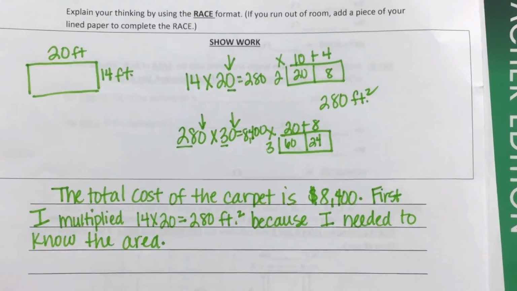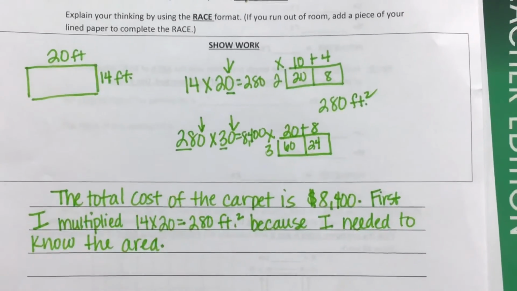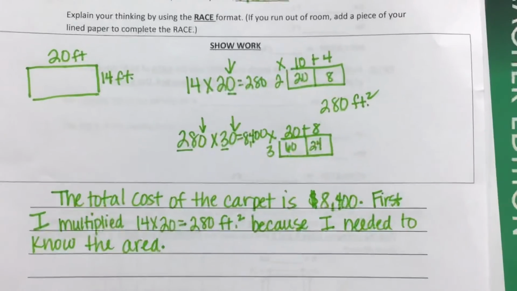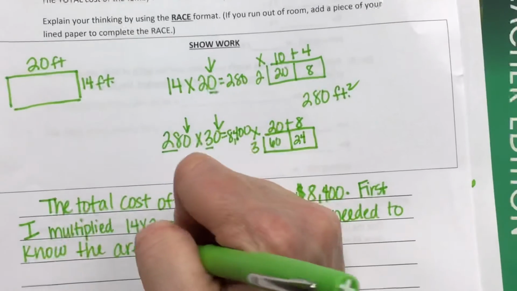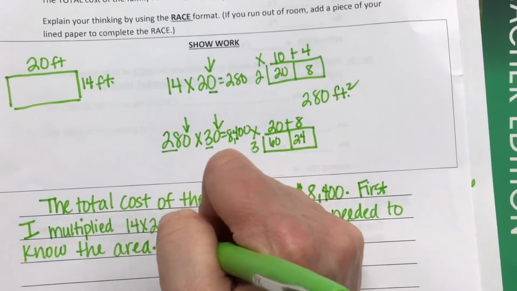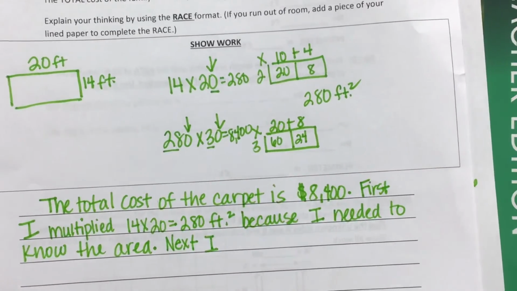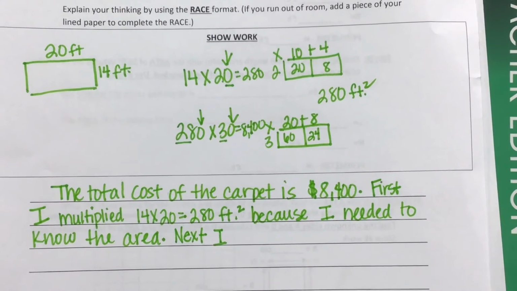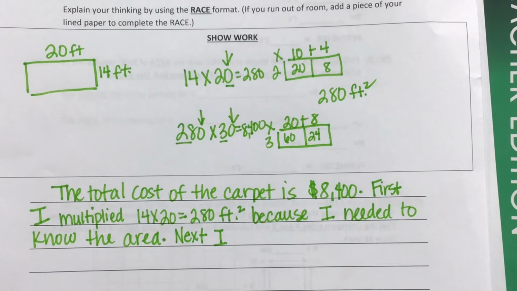What does my next sentence start with? Trevor? Next. Either next or then. Next I, and what did we do next? What is our next equation? You should be able to look at your paper or look at mine and see the next equation.